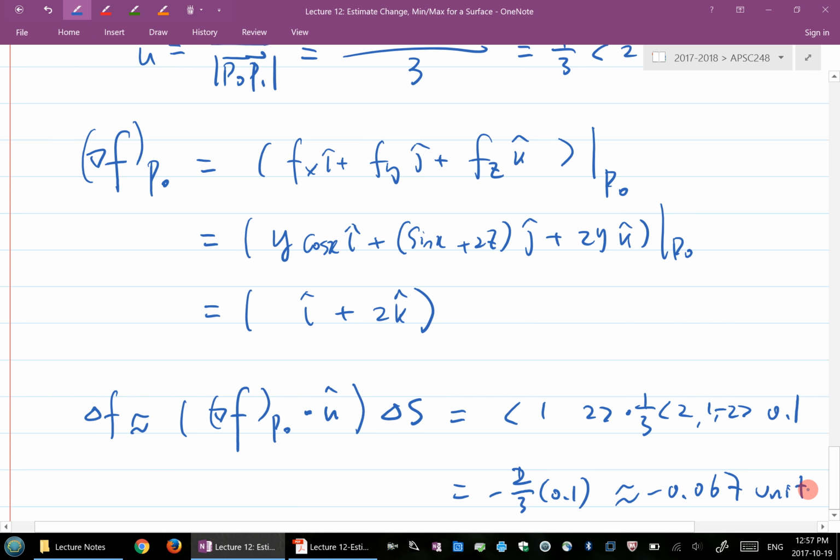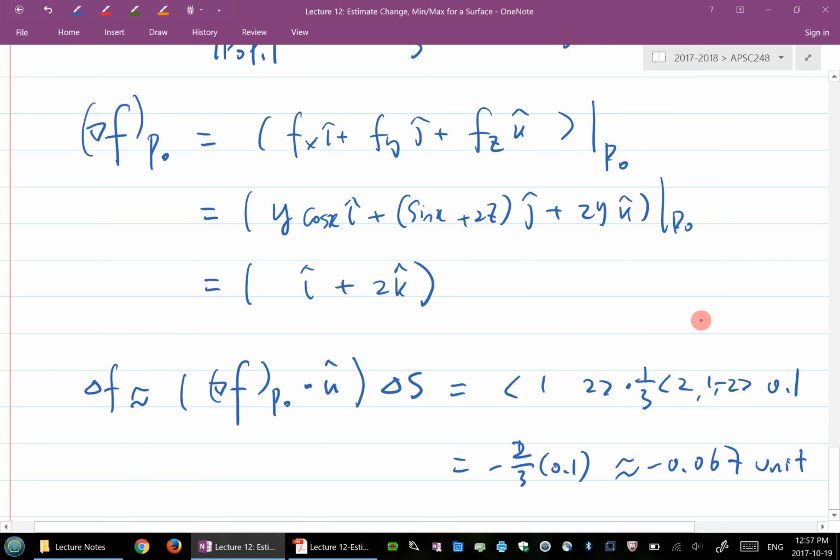Okay, so that's basically everything about the directional derivative.